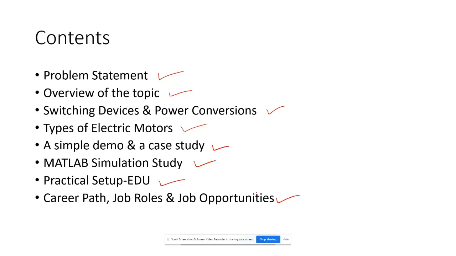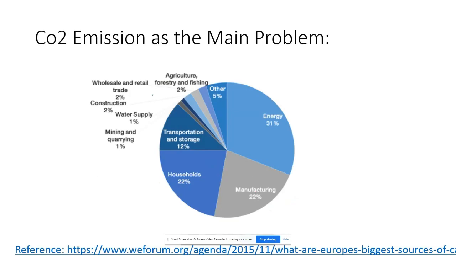So to begin with, the main problem is CO2 emission. All the countries which are already developed and which are still developing want to become CO2 free.